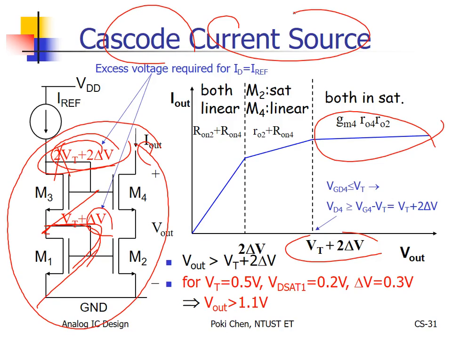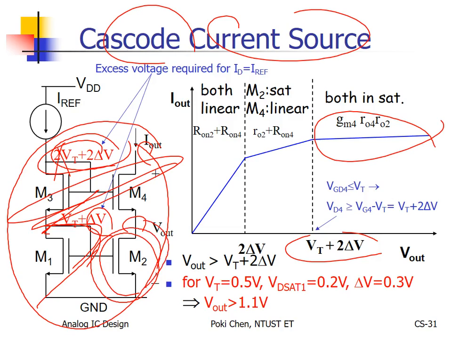But how about a simple current source? If you don't have this, the output here, what does it mean? Delta V, right? So this is what you need to pay. One cascoding means 1 VT more for your headroom. If you would like to do double cascoding, you need to sacrifice 1 VT more.